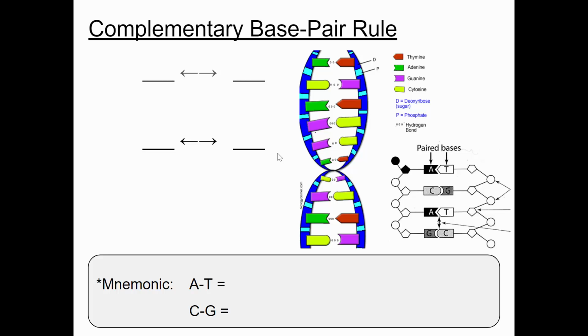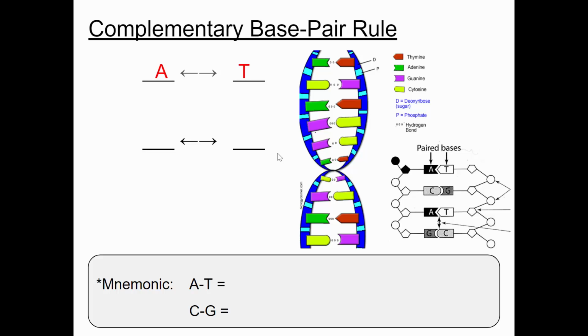One important thing about the way our DNA molecule is structured is it's a double helix. It has two strands that wrap around each other, and the bases that we were just talking about match up in a certain pattern.